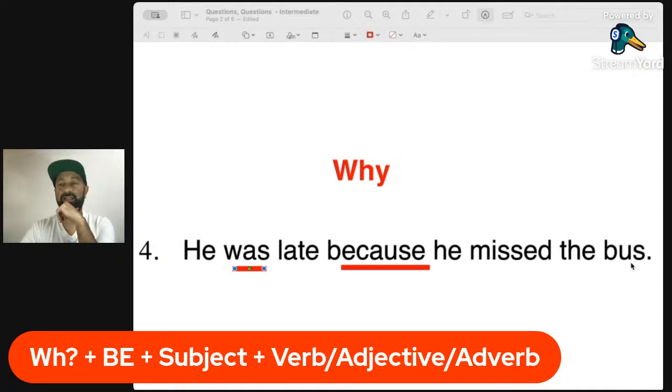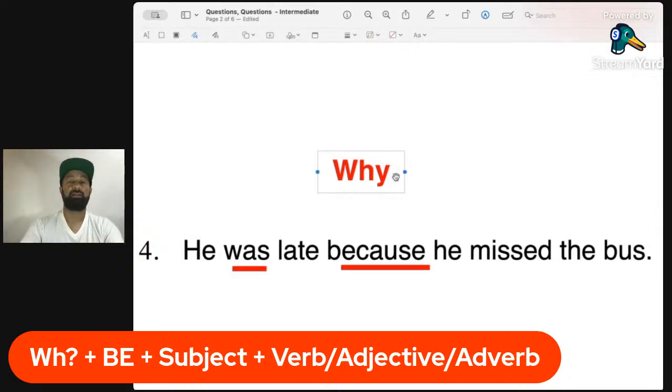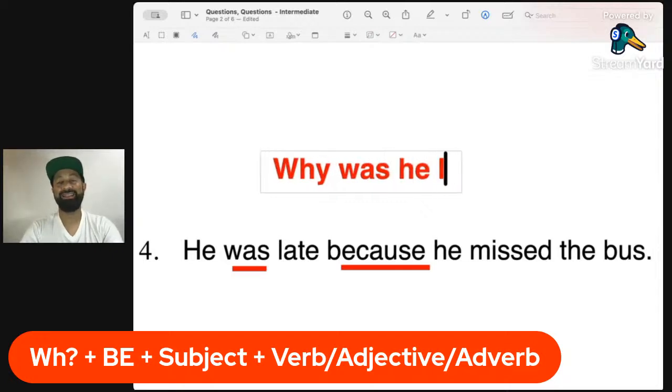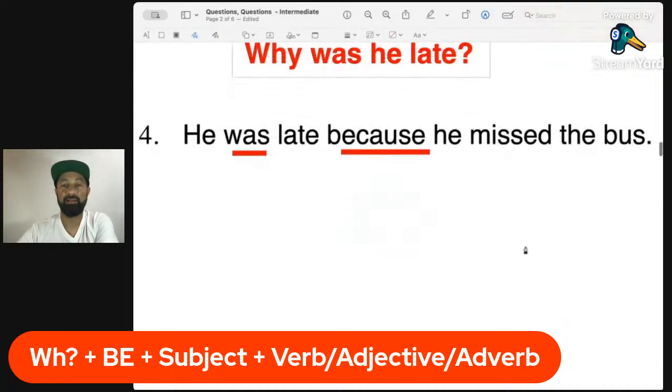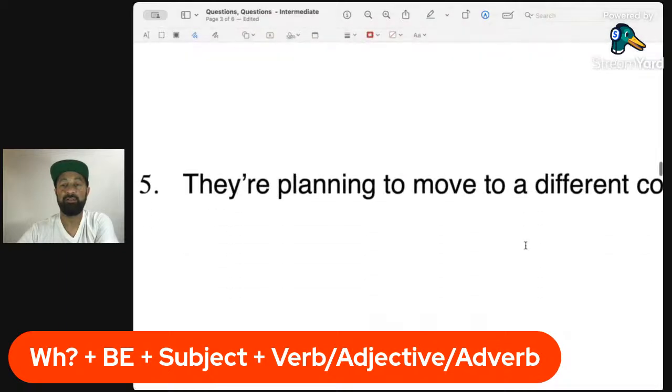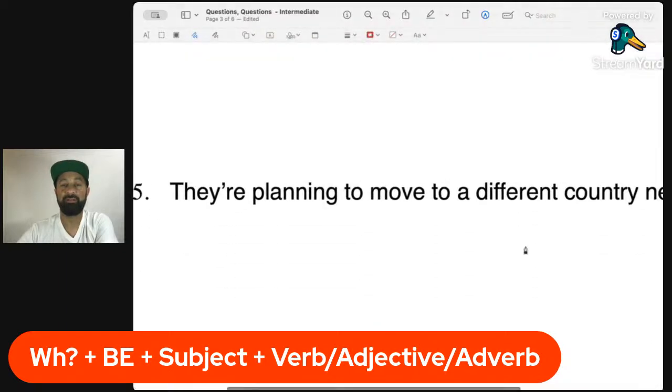So by looking at that pattern that's on the screen right now, why was he late? Very simple question. Why was he late? Okay, let's move on to number 5.